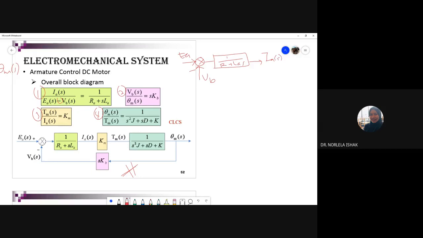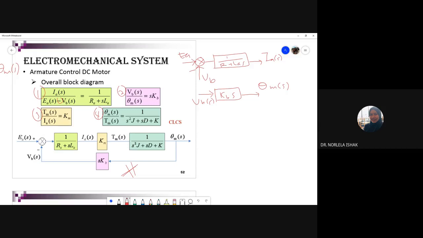That's the block diagram belonging to equation number 1. For equation number 2, we have Kb s, and the output is theta, and the input is Vb. That's equation number 2.